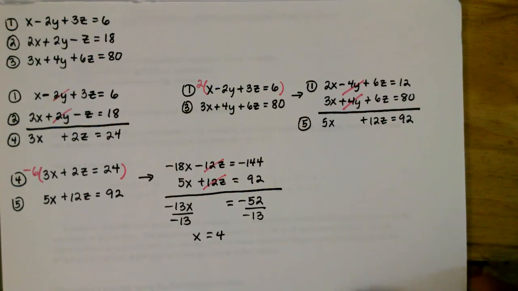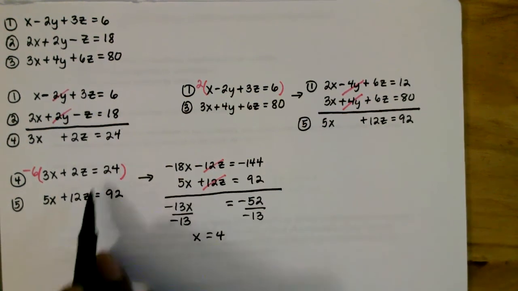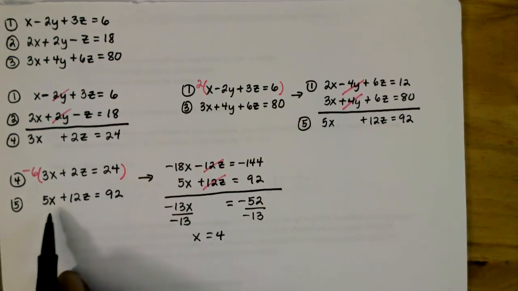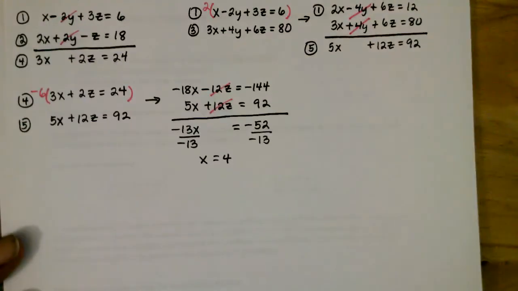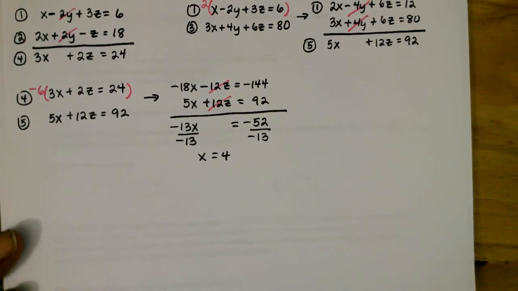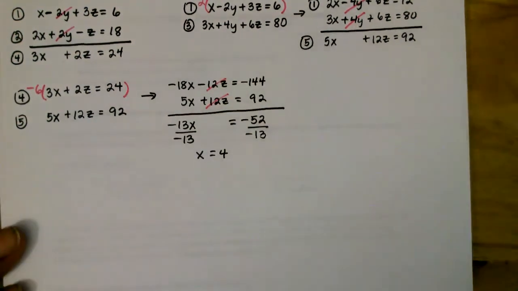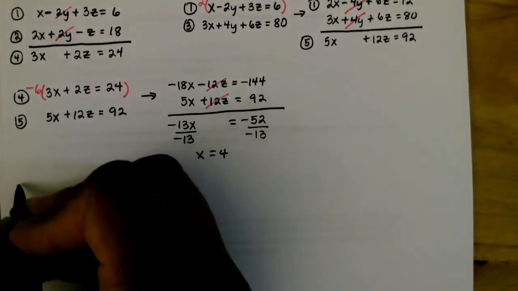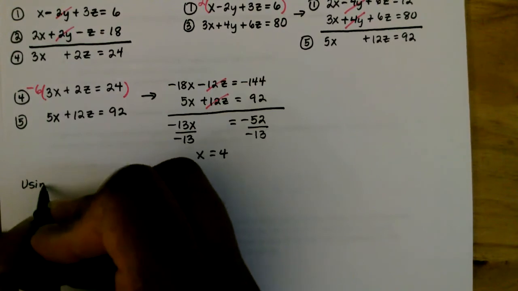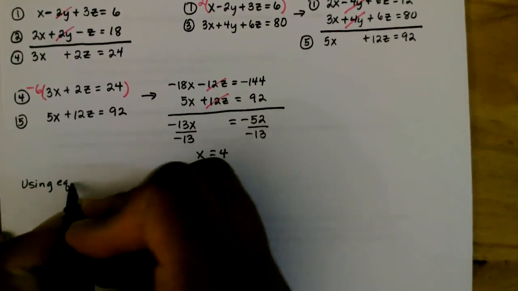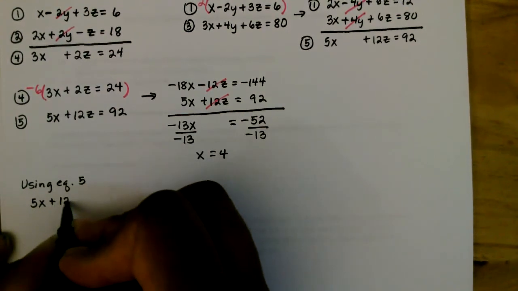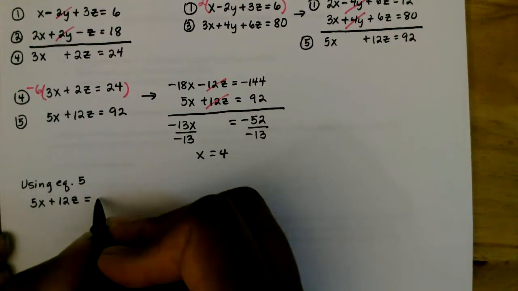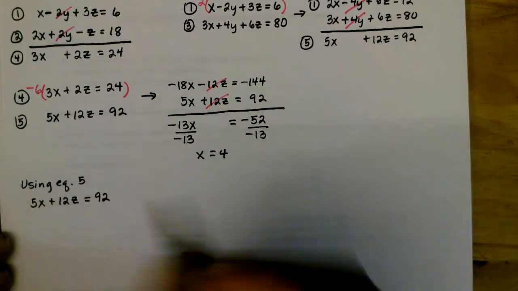Now I need to find out, in this case here, since I got these equations in two variables, I know what x is. I need to find out what z is. Okay. I'll use equation 5. Doesn't matter which one to use. I can use either equation 4 or 5, but I'm going to use equation 5, which is, of course, 5x plus 12z is equal to 92.